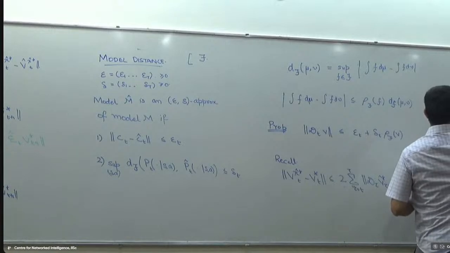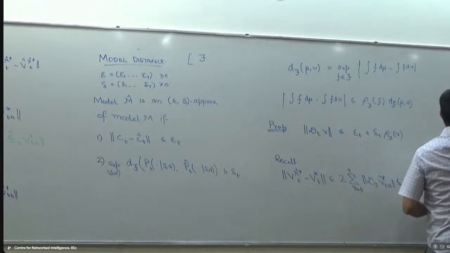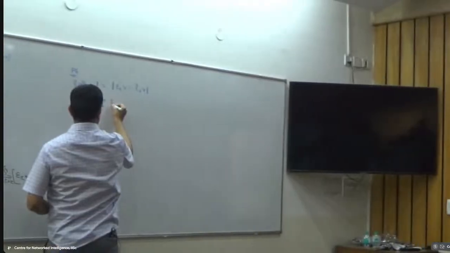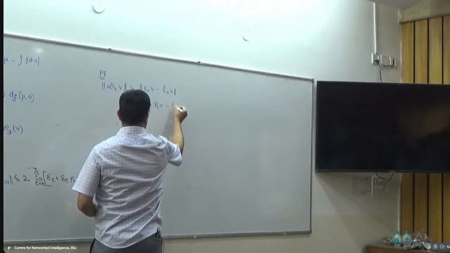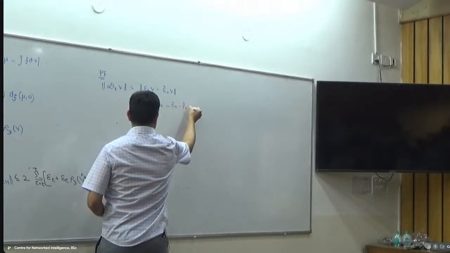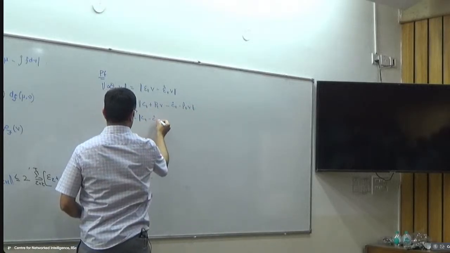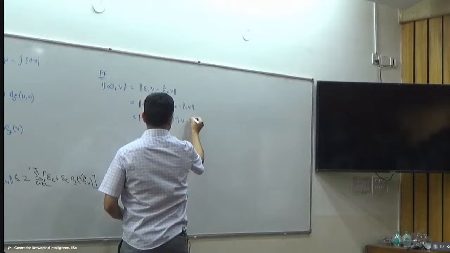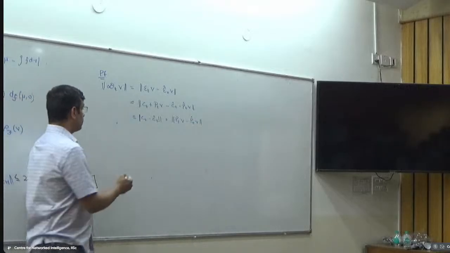So my proof is going to be, recall that d_t of v is really E_t of v minus E hat t of v, which is equal to C_t plus P_t of v minus C hat t minus P hat t of v, which is less than or equal to C_t minus C hat t plus P_t v minus P hat t v. Okay? And kind of I am done.